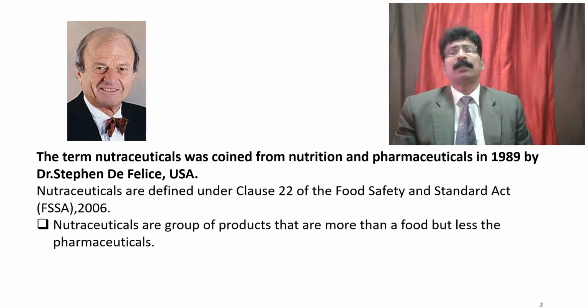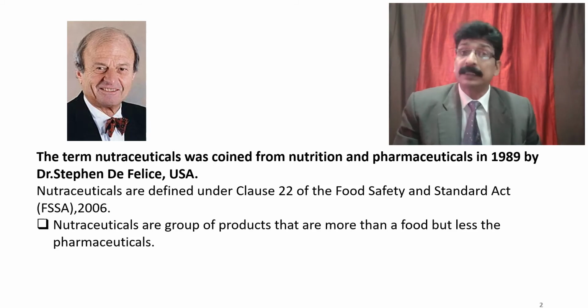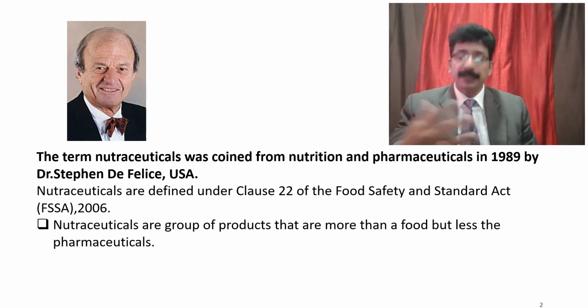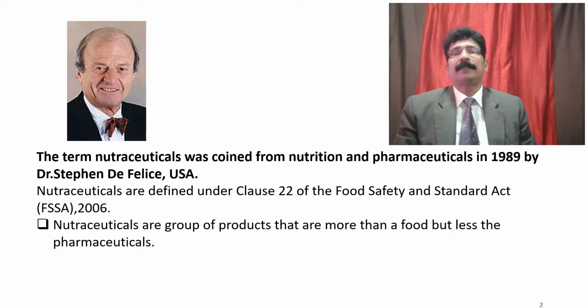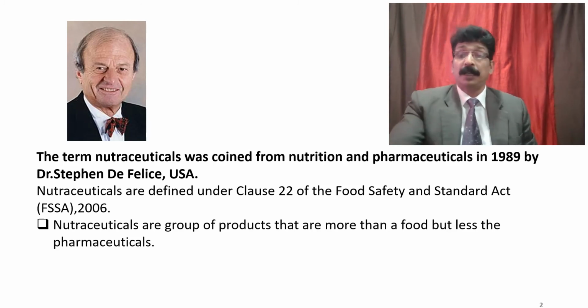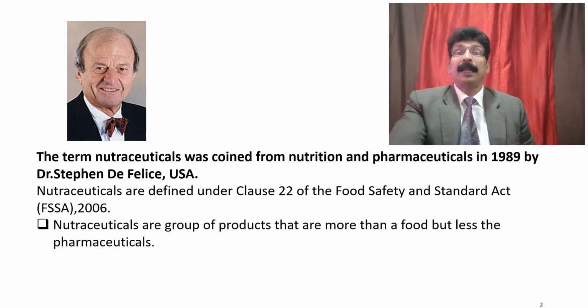Most of the time we get more results by taking nutraceuticals along with our normal food style. This is the main thing for which we have to praise Dr. Stephen, who in 1989 gave the name nutraceuticals.